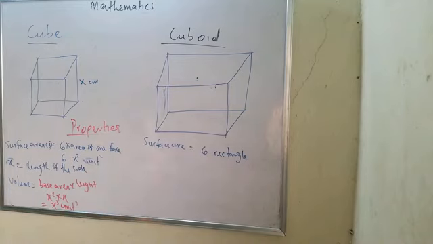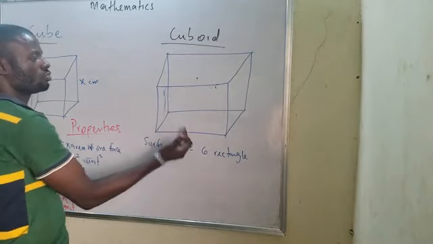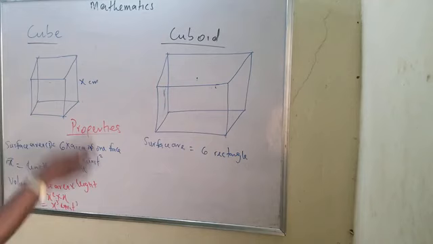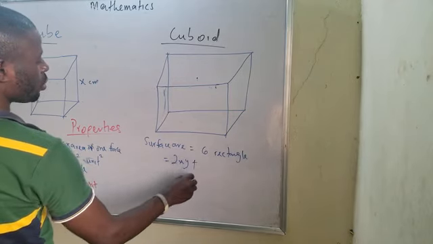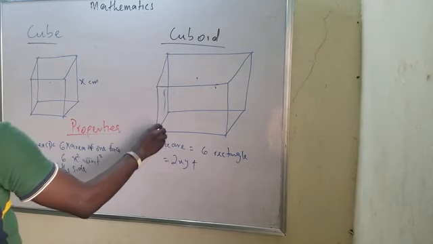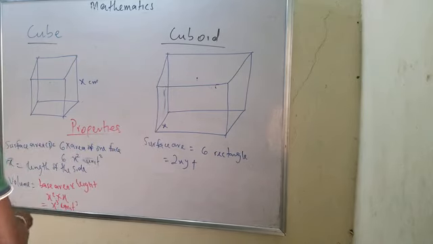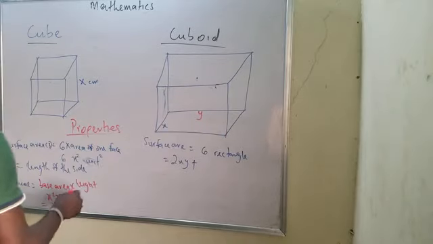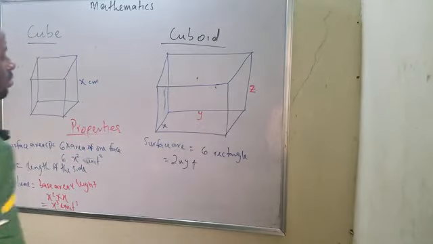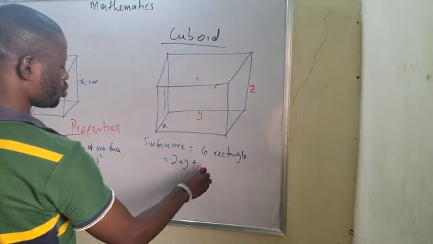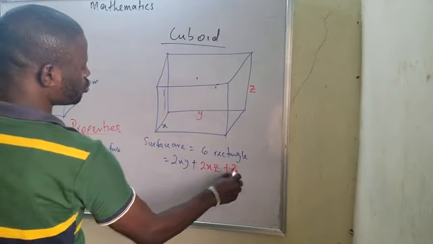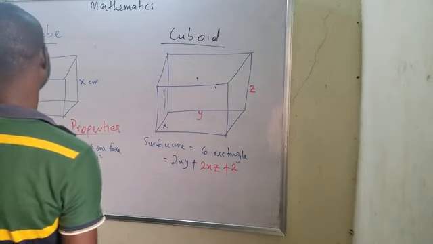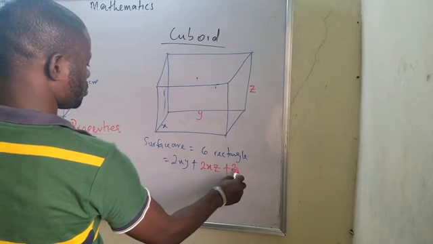I've counted them earlier: 1, 2, 3, 4, 5, 6. It will be equal to the area of those 6 rectangles, which is 2 of xy plus, let me call the sides x, y and z, 2 of xy plus 2 of xz plus 2 of yz.